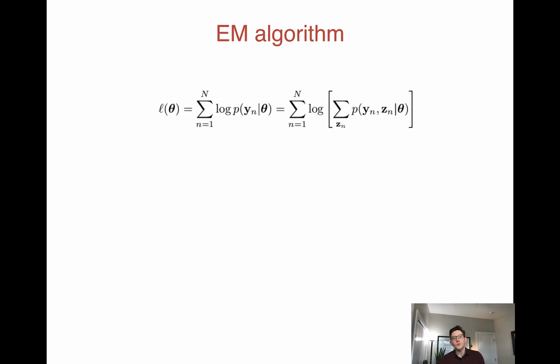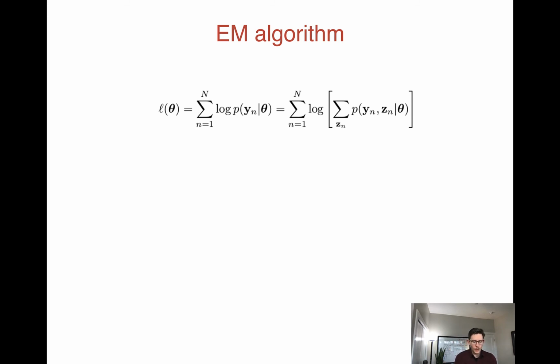Okay, so that was majorization-minimization. That's the general idea behind the EM algorithm. Now let's look specifically at the EM algorithm. And again, EM applies in the case where we have latent, unobserved variables. So let's go back to that log likelihood expression I showed at the beginning.